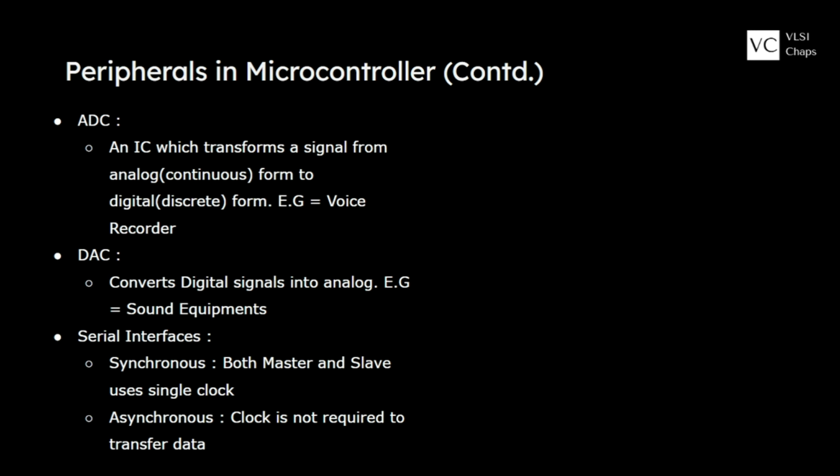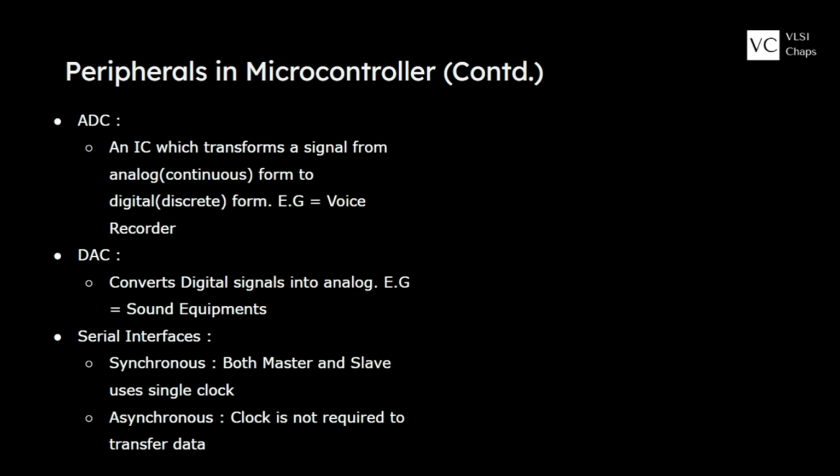The reason is when the controller is supposed to provide an output in human readable form, at that time digital to analog converters come into the picture, because the processed output signal inside the controller will be in discrete or digital form. But in order for us to understand it, it has to be converted into the analog one. The best example is all the sound equipment like speakers, earphones and all.